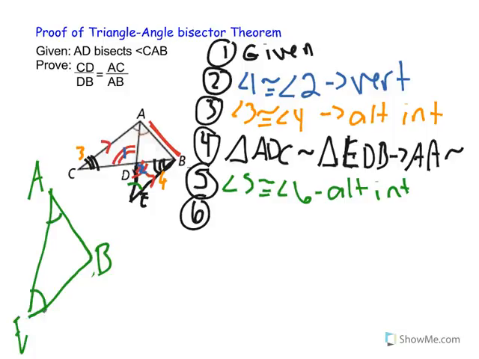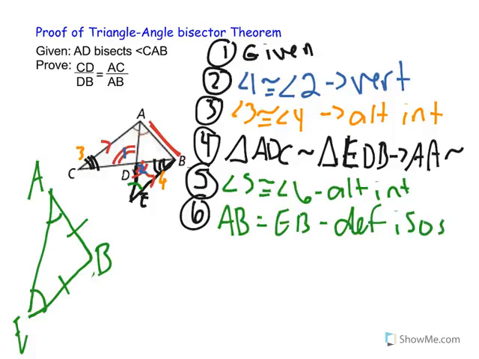So that means that that triangle is isosceles, which would mean that those two sides would have to be congruent. So AB would have to be congruent to EB. You could say definition of isosceles, you could say base angles.